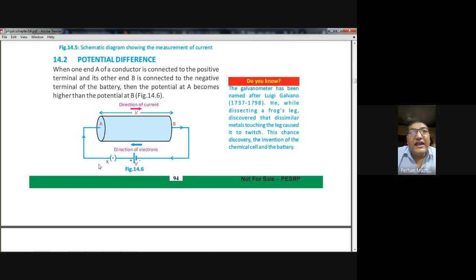They will pass from here, and here their energy will be converted into some other form, and those charges will come back. When they come back, their energy will be zero. So when they come out of the positive terminal, they have very high energy, and when they come back after passing through the whole circuit, their energy is zero. This is the basic idea on which we will be working.